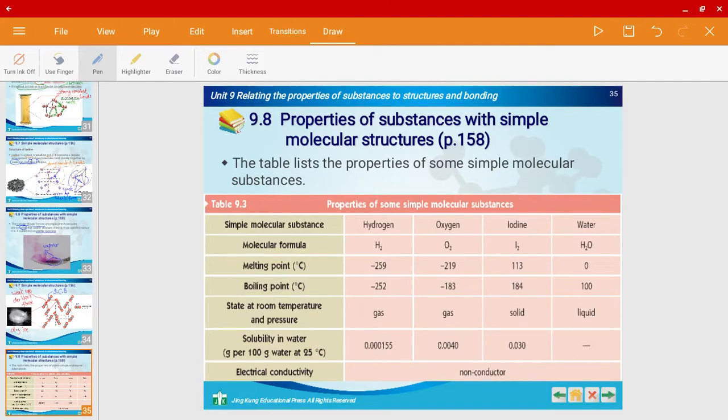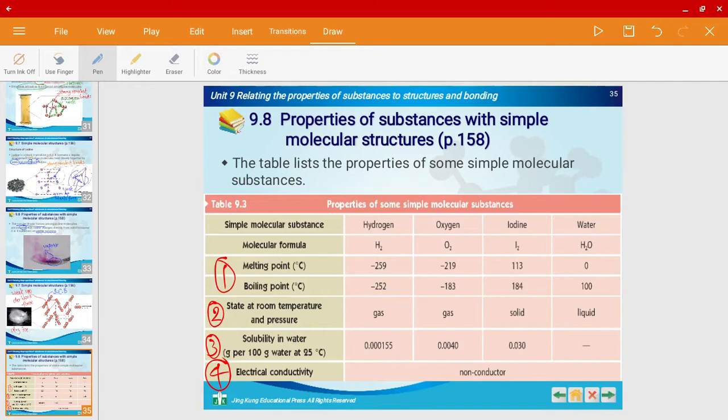Now let's talk a bit about the properties of simple molecular structures. The first properties, which we've also talked about for giant ionic structures, are melting and boiling points, the physical state, the solubility, and finally the electrical conductivity.